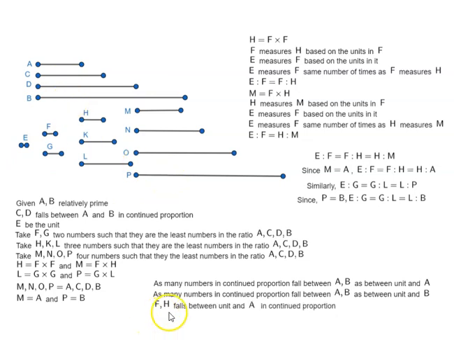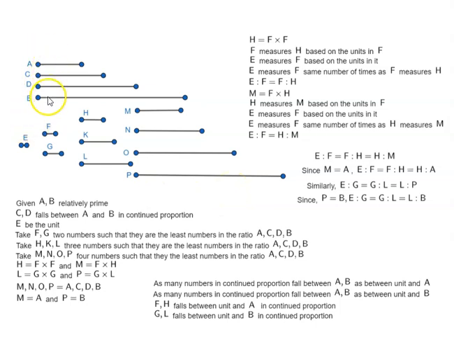So in other words, F and H fall between the unit and A in continued proportion, and G and L fall between the unit and B in continued proportion. That is proposition number 9 of book 8 of Euclid's Elements.